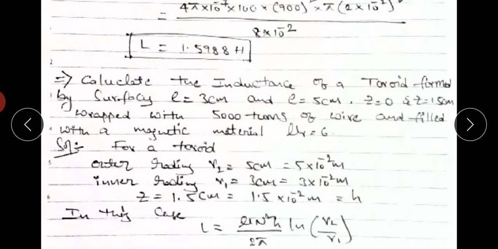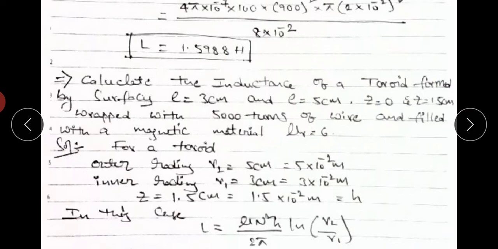For a toroid, here two radii are given. So the first radius R2 equals 5 centimeters. Next R1 equals 3 centimeters. In meters, 5 into 10 to the power of minus 2, and the second one 3 into 10 to the power of minus 2. And the Z value is given from Z equals 0 to Z equals 1.5 centimeters where the toroid lies.